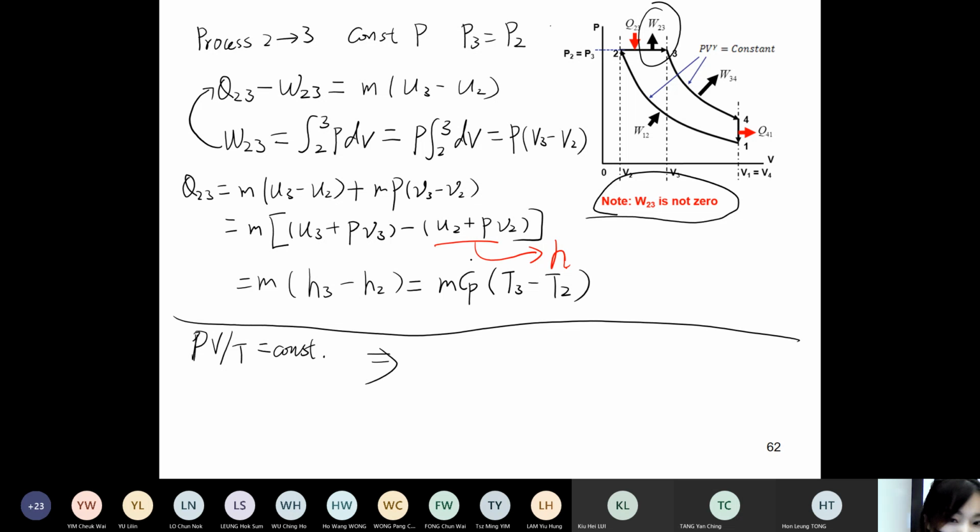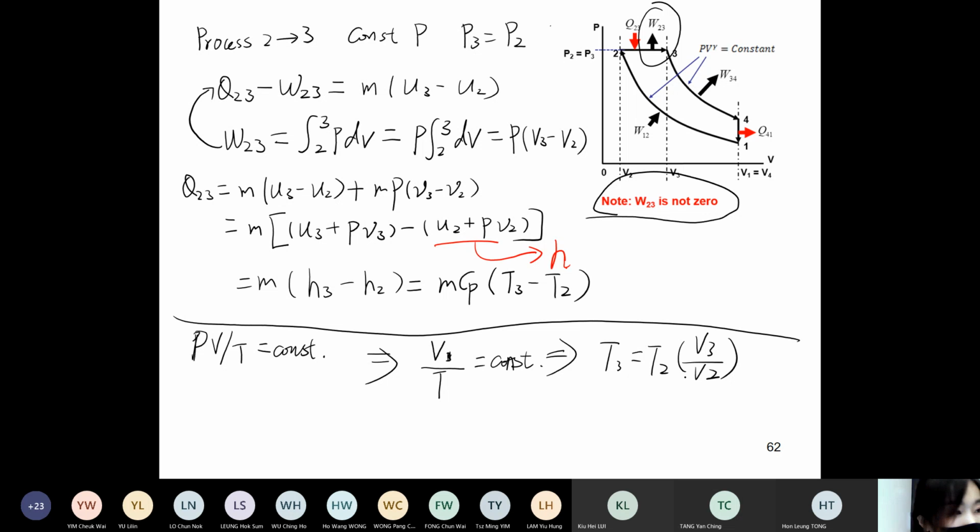By plugging this relation into this equation, we get the constant. Rearrange it, and we can get the T to V ratio.